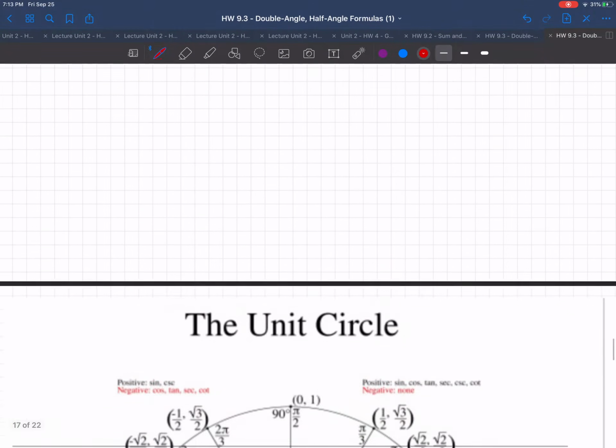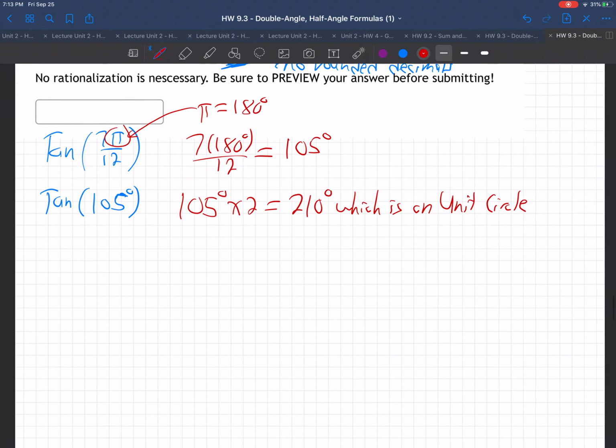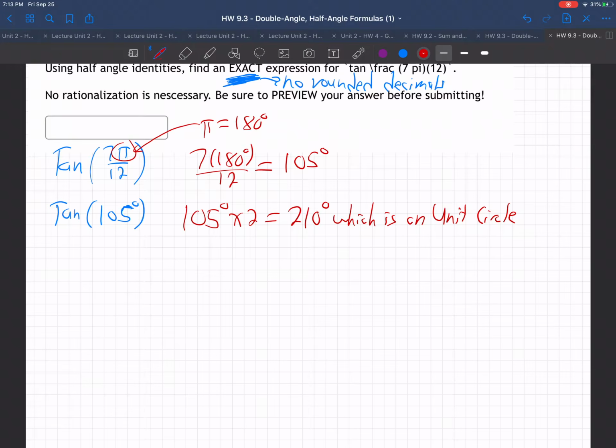I can get exact values. Okay, great, but we don't have 210. We doubled it. We have 105. Yeah, but we can use it with the half angle, right? So we can say the tangent of 105 is the tangent of 210 degrees divided by 2. If double 105 is 210, then 210 divided by 2 is 105, right? And then we can use the half angle formula.